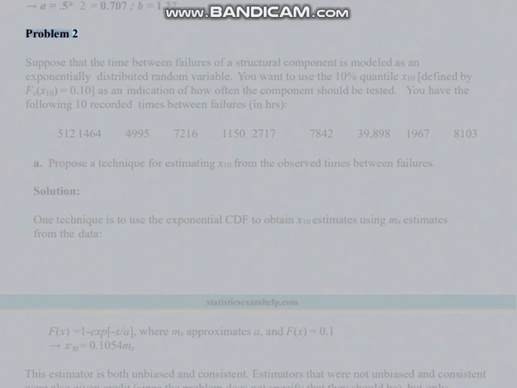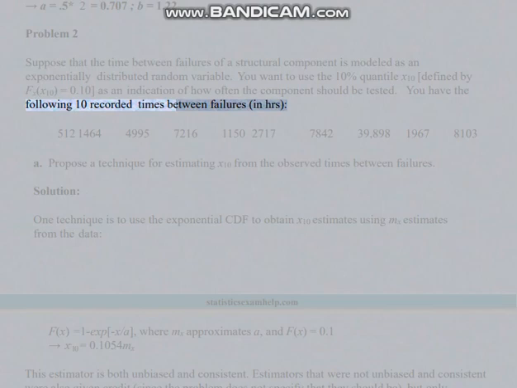Problem 2. Suppose that the time between failures of a structural component is modeled as an exponentially distributed random variable. You want to use the 10% quantile x10, defined by F x of x10 equals 0.10, as an indication of how often the component should be tested.